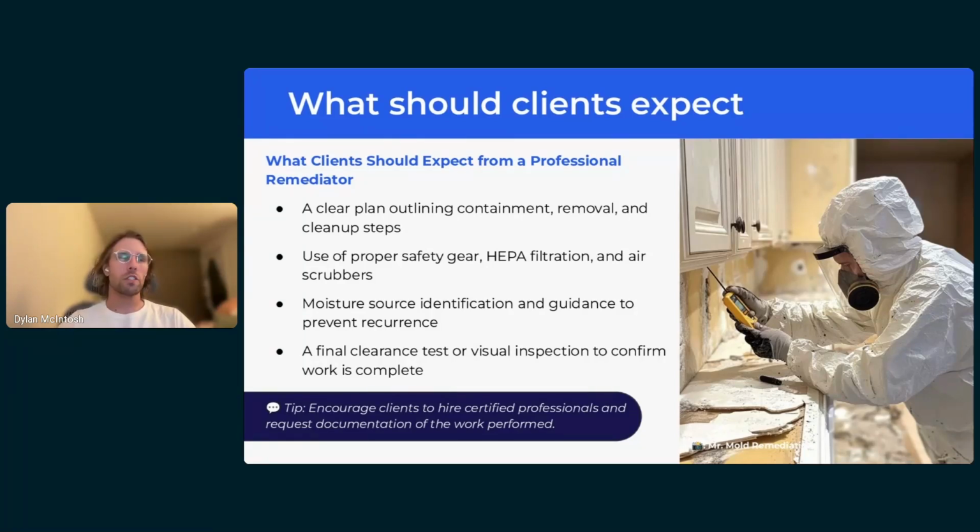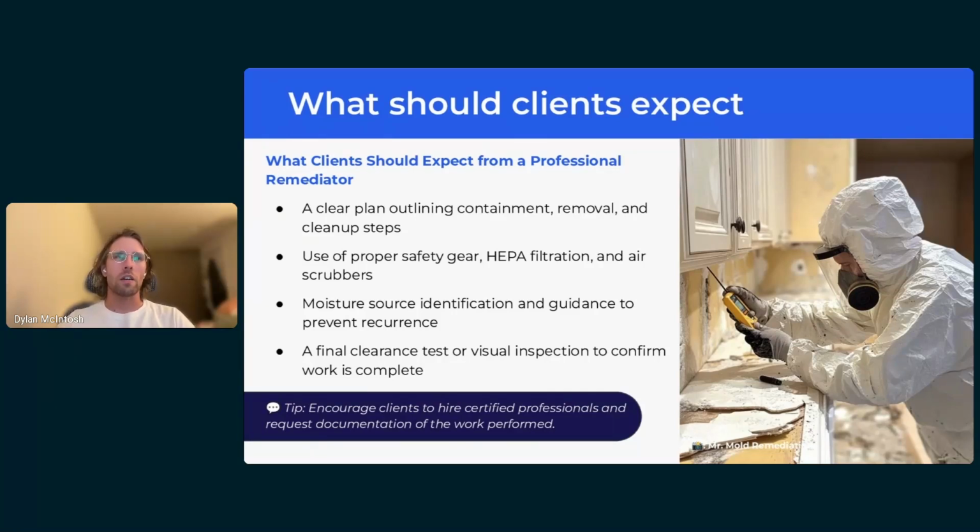And they should not just be there to treat the mold, but they should be there to help. They might not be the one to fix the underlying moisture problem. Most of the time they won't be, but part of their work can be helping find the source and helping to refer you to the right person to fix the underlying moisture problem.